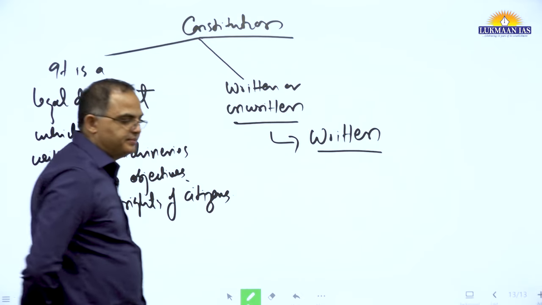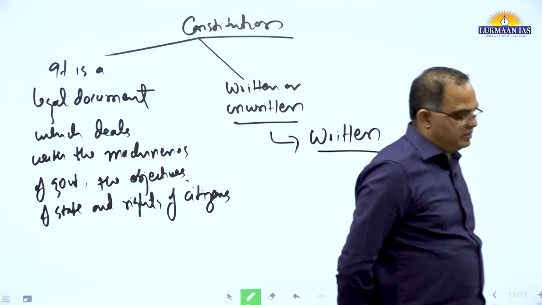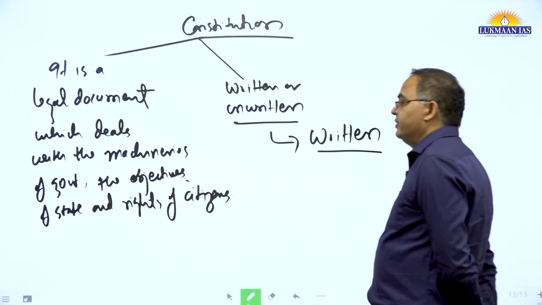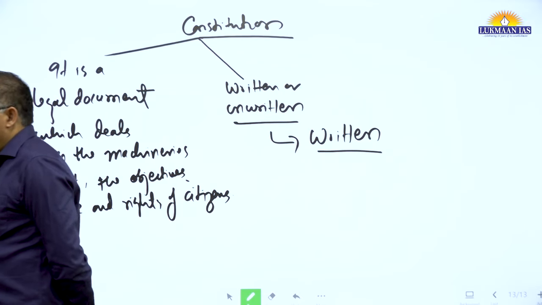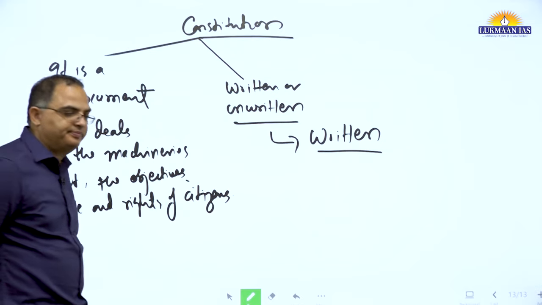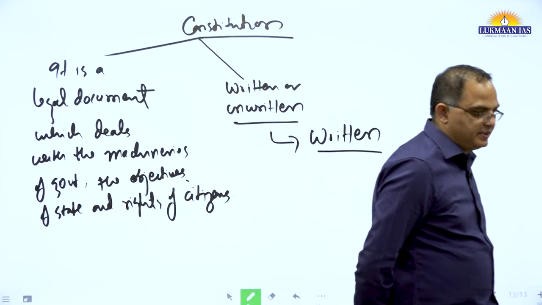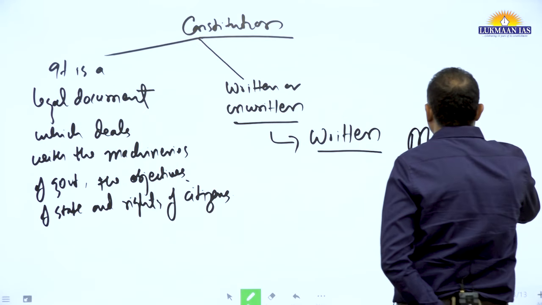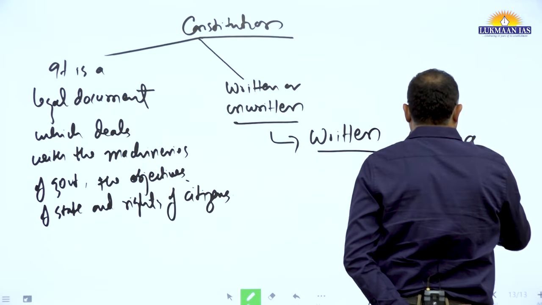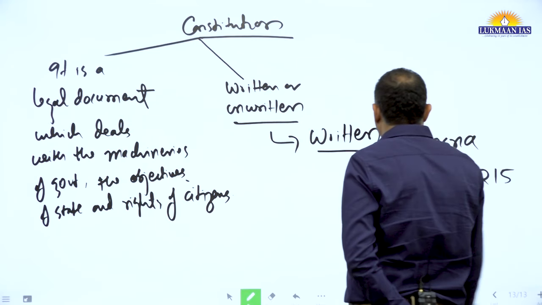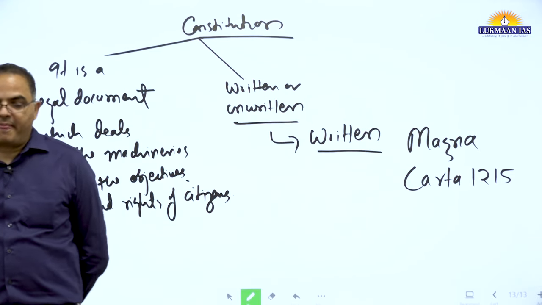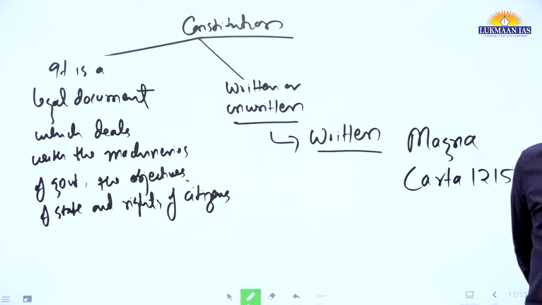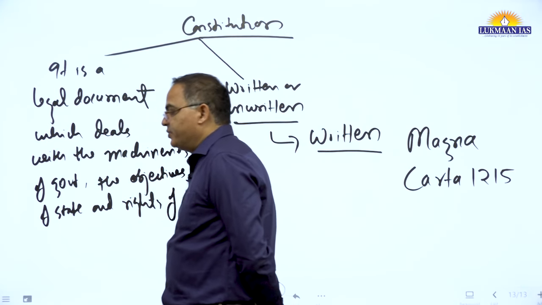Although the UK is the land where the constitutional system and democracy evolved in modern times, like Magna Carta (1215), next, the English Revolution, next, the parliamentary system of government, next, the concept of rule of law.